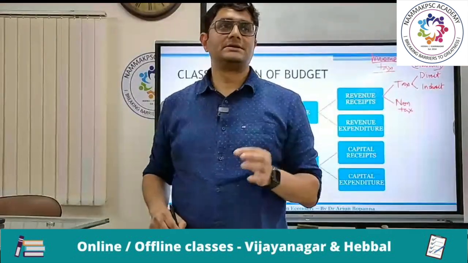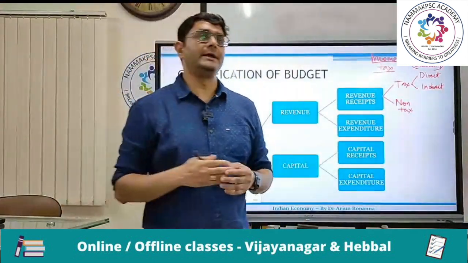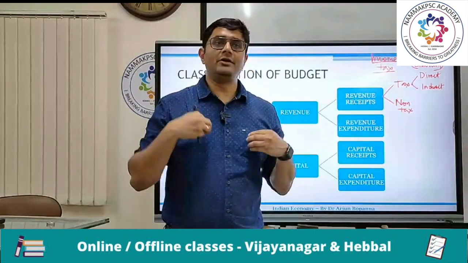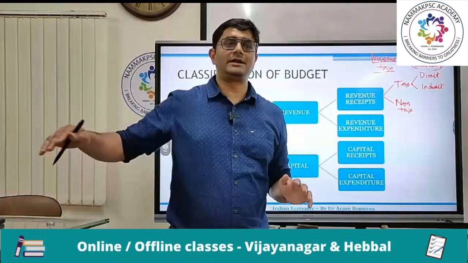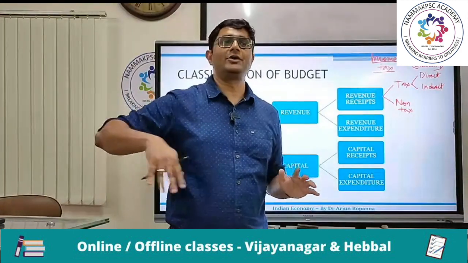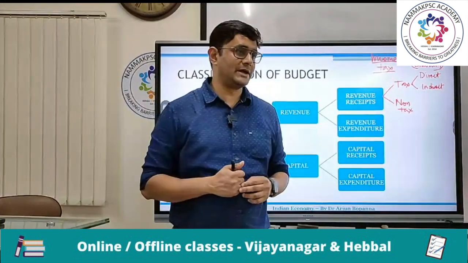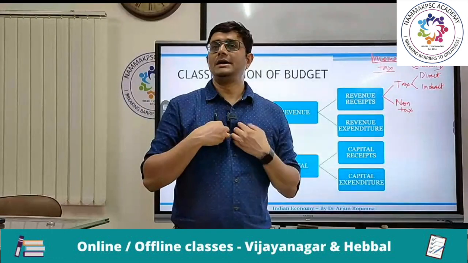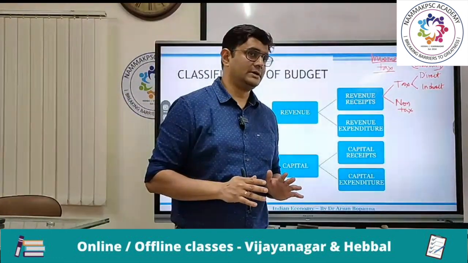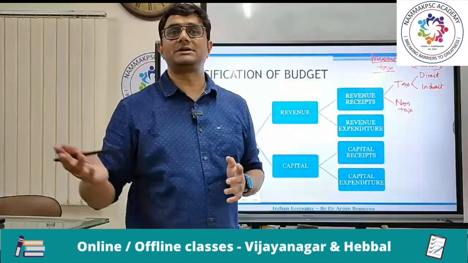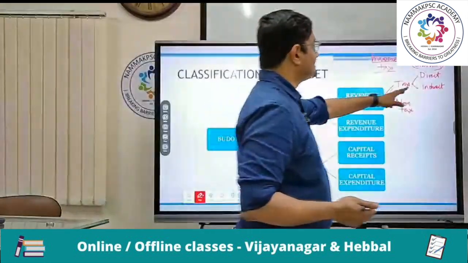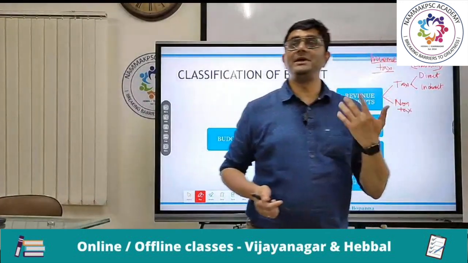Income tax liability cannot be transferred, meaning when the tax is levied on me, it is to be paid by me. I cannot tell my neighbor or my students to pay it. Tax is levied on me, I have to pay it myself. The liability or tax incidence cannot be transferred, whereas in indirect tax, the liability can be transferred.